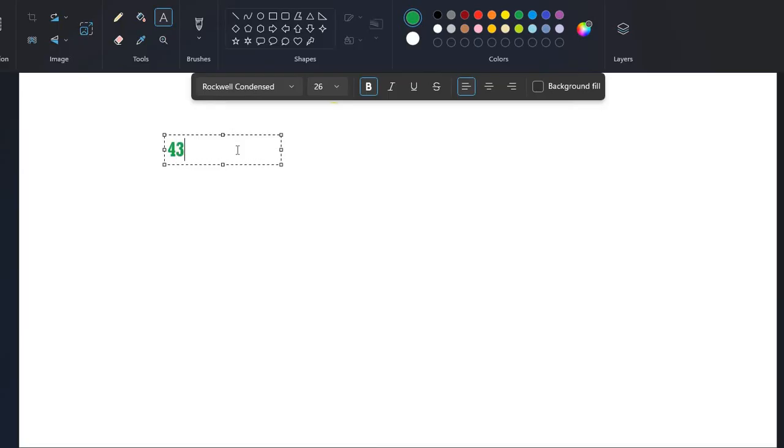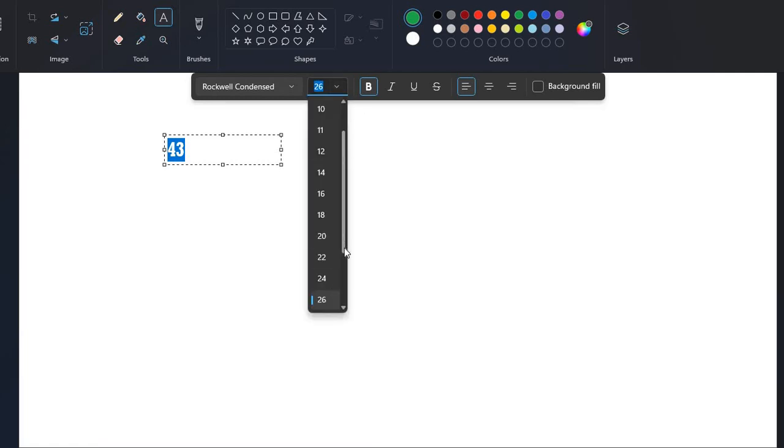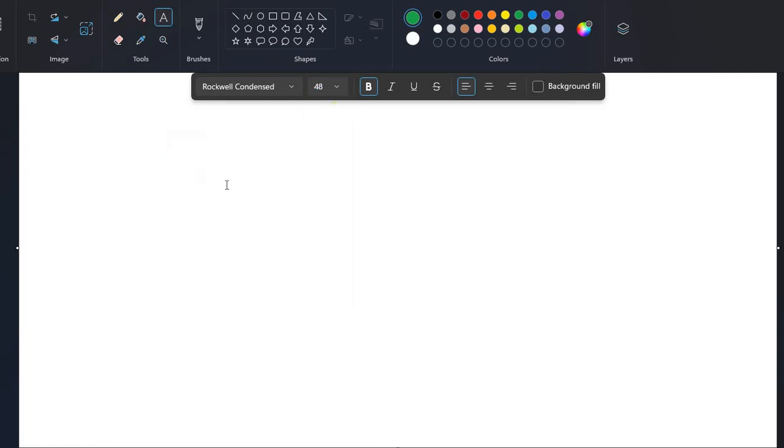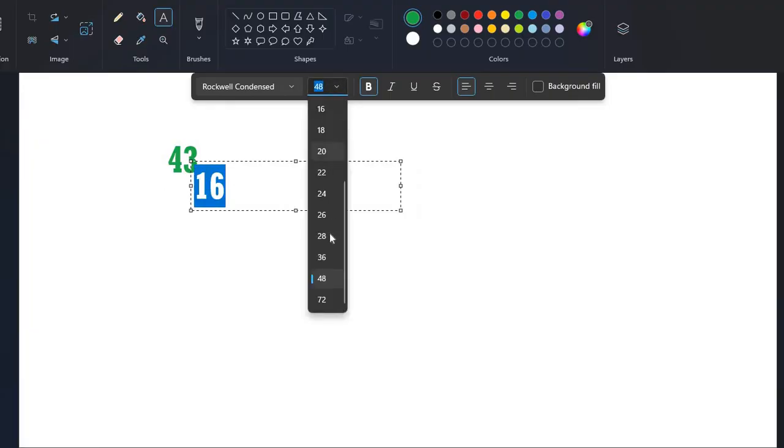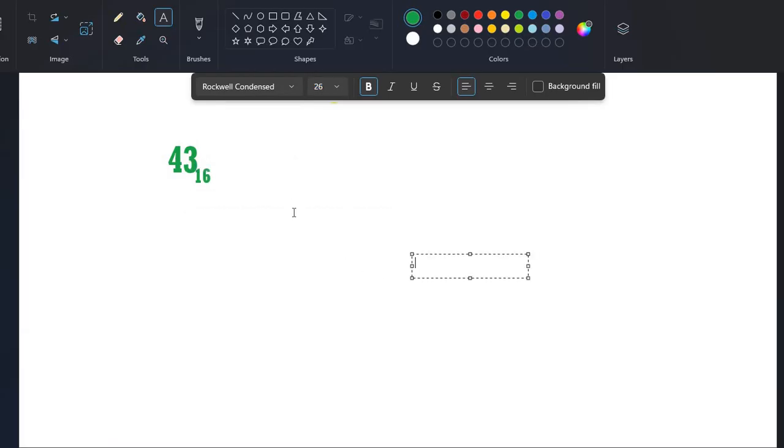Suppose we have a number 43 to the base how much? 16. We need to convert this into a binary number. Okay, we need to convert this into binary number.